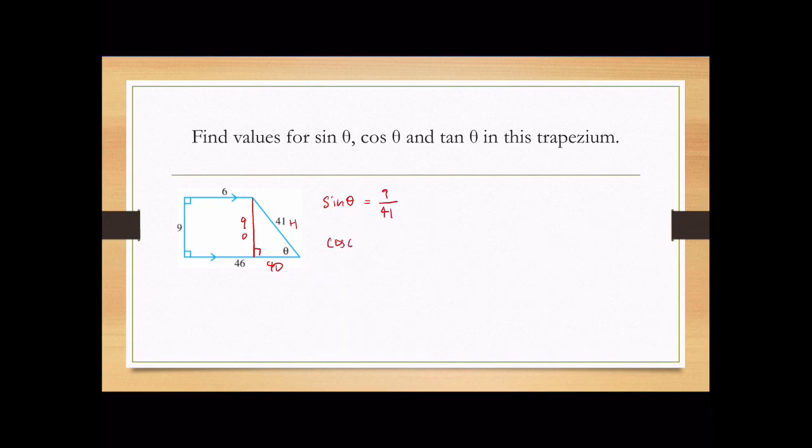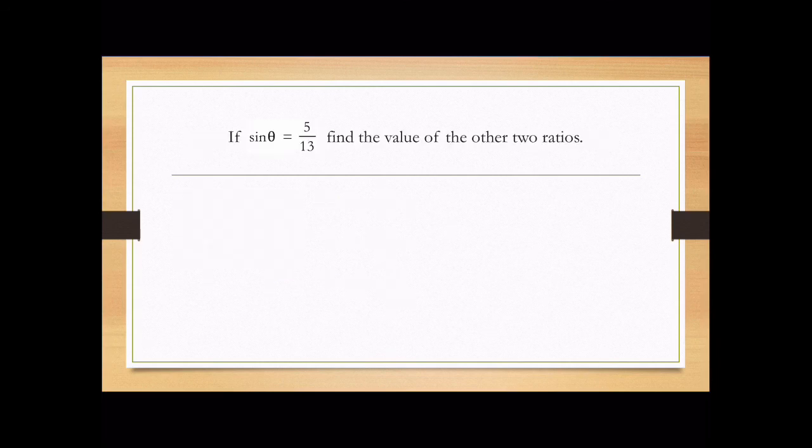Cos theta is adjacent over hypotenuse, so 40 over 41. And tan theta will be opposite over adjacent, 9 over 40.